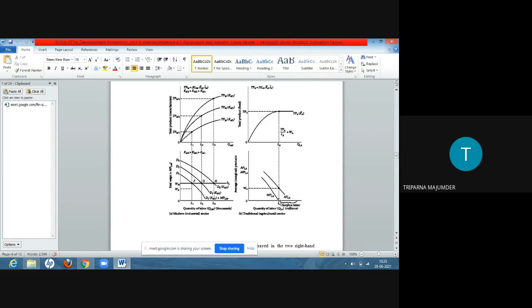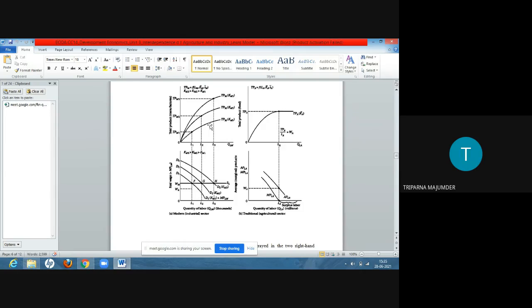Now we come to this diagram. What does it show? It shows the total product for the modern industrial sector. Now, this form of total product, you are very well aware. We have learnt about it in previous classes.